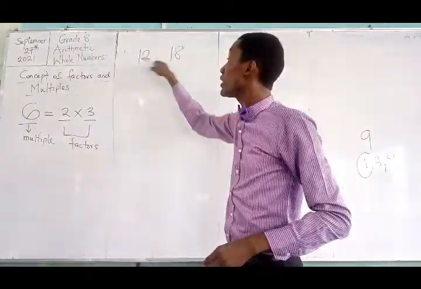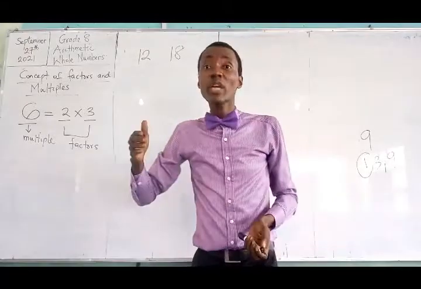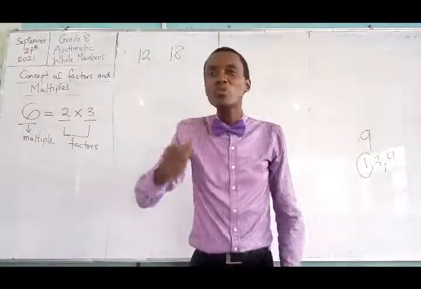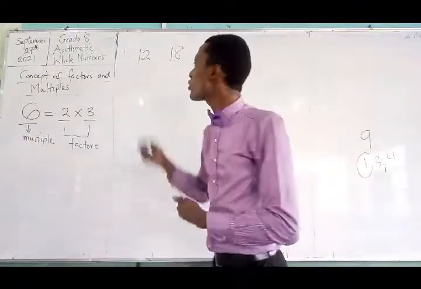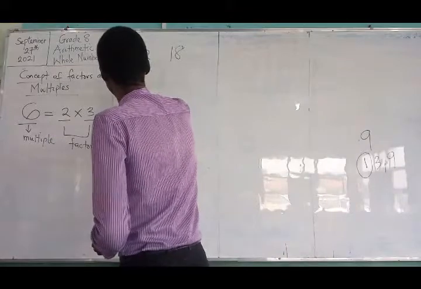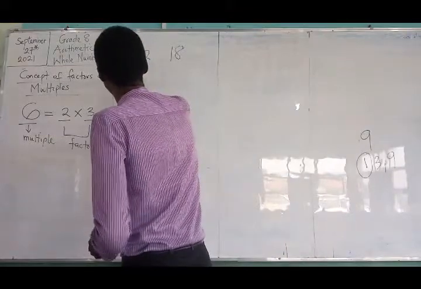There are two things I can do here. I can talk about factors. I can talk about multiples here. But let's assume for now I want to treat factors. Let's say common factors.